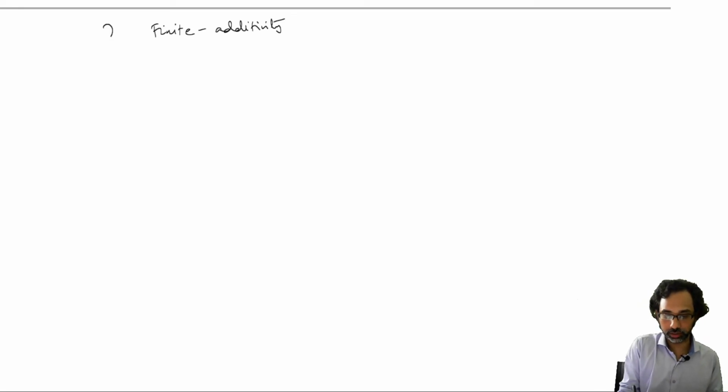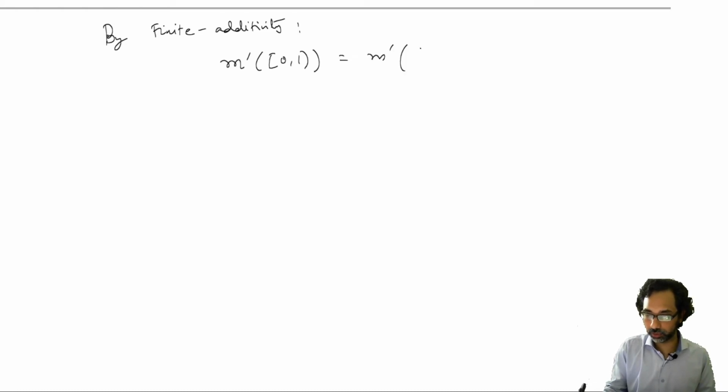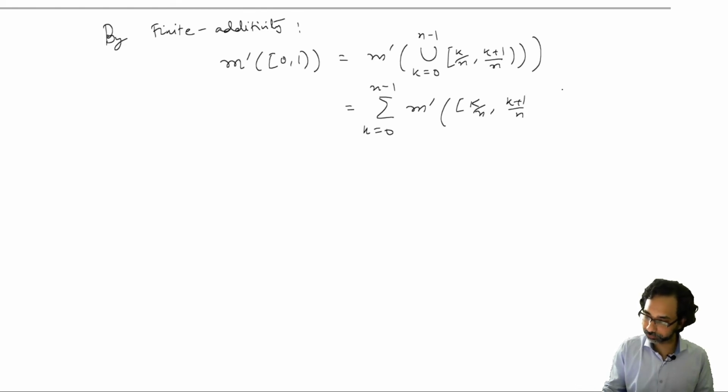So by finite additivity we have that m prime of 0, 1, which was m prime of the union of k by n, k plus 1 by n, k equal to 0 to n minus 1, and this is a disjoint union, is simply the sum, k equal to 0 to n minus 1, of m prime of the set k by n, k plus 1 by n.